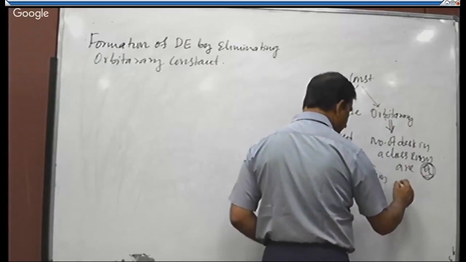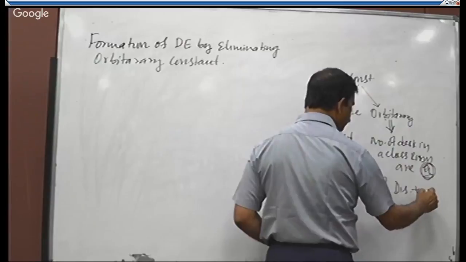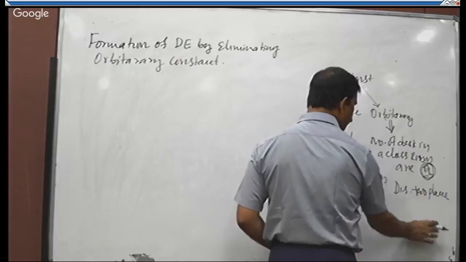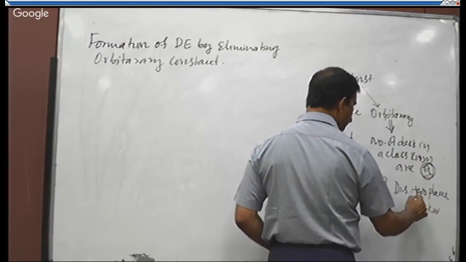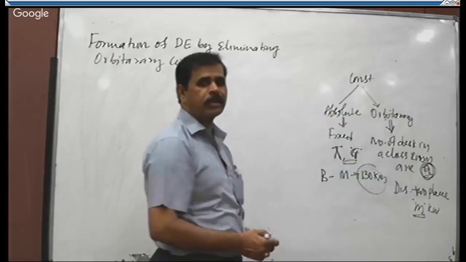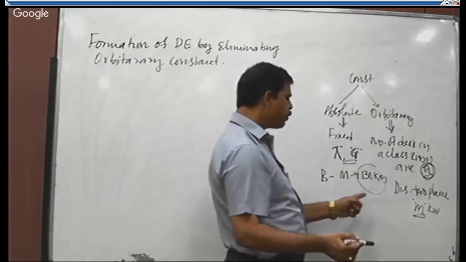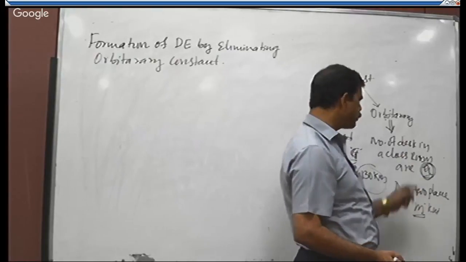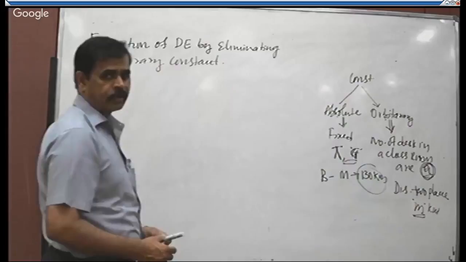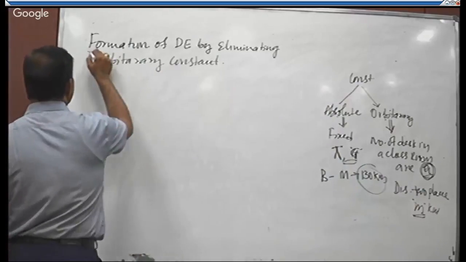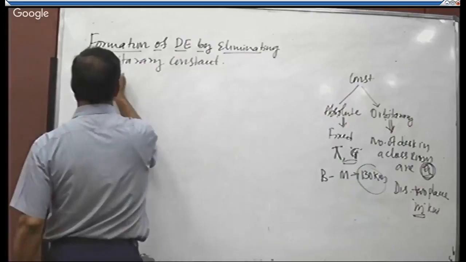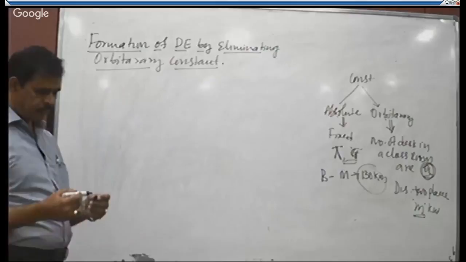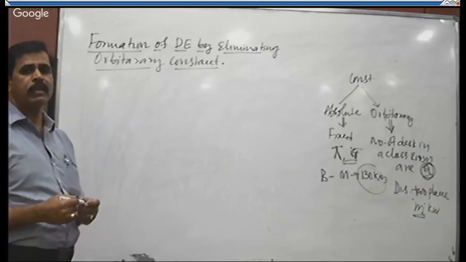Suppose I take the distance between two places as M kilometers, I don't know M. So M is a constant, no doubt, but it can take different values. If I change the places, the value of distance also changes. Such constants are called arbitrary constants. Okay. Formation of differential equation by eliminating arbitrary constants. This is one method of getting a differential equation.